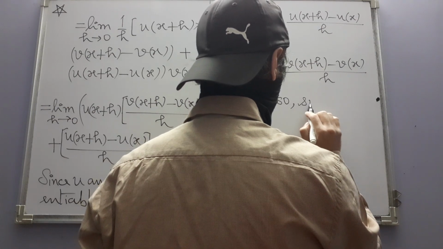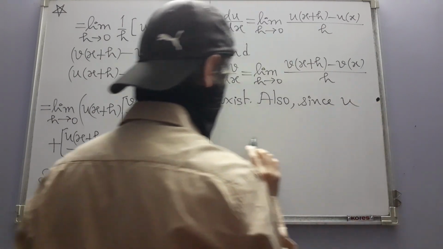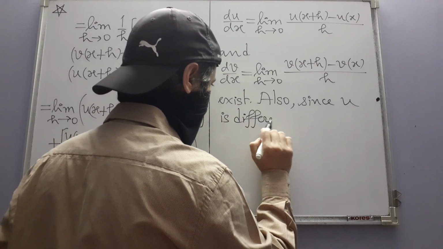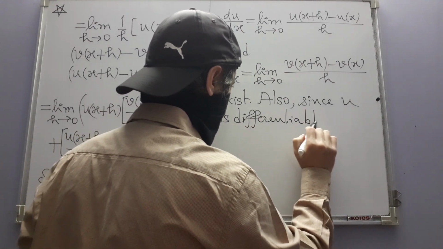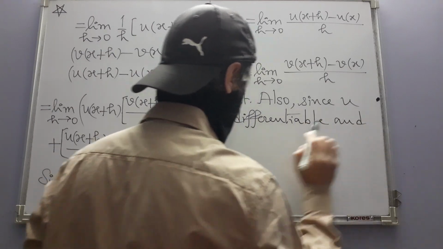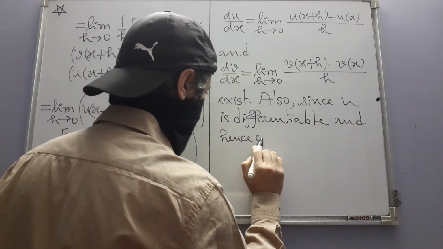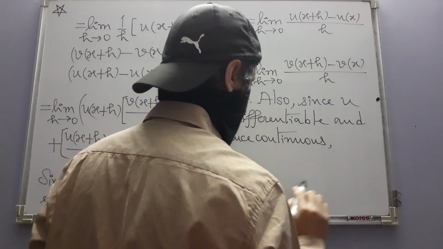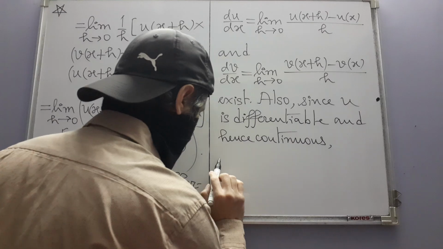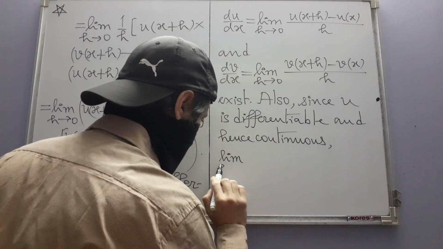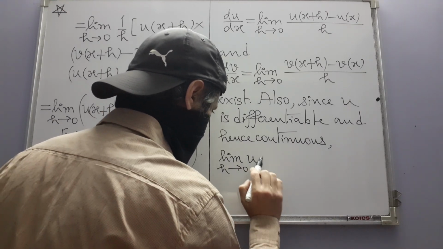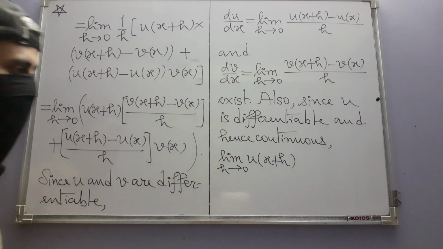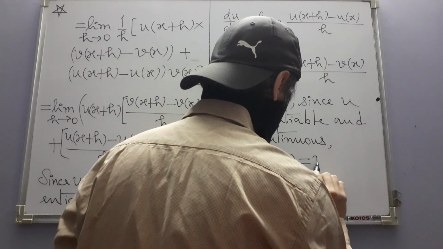Also, since u is differentiable and hence continuous, the limit of u of x plus h as h approaches 0 is simply u of x.